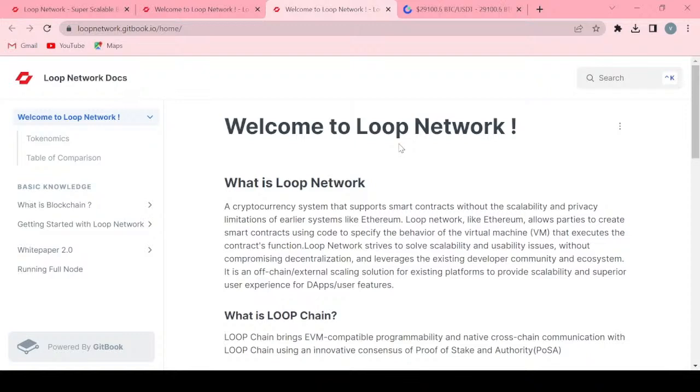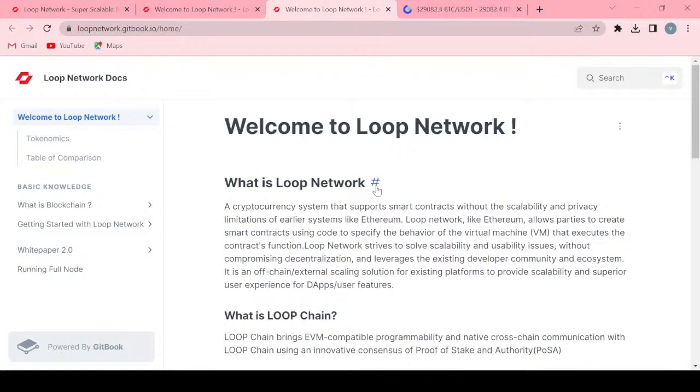Loop Network strives to solve scalability and usability issues without compromising decentralization, and leverages the existing developer community and ecosystem.